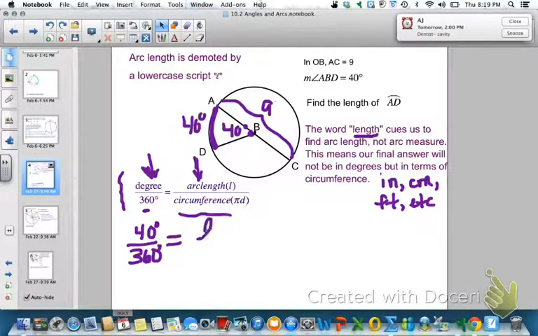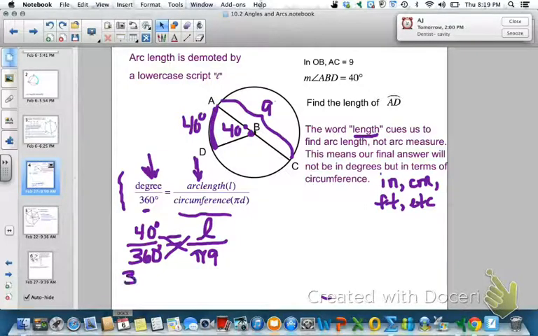Then I want to know what the arc length is, so I write a cursive L there, script L, out of the circumference, which is also the whole circle, such as 360, but now I'm going to represent it as pi times the diameter, so pi times 9. We'll cross multiply those to solve.